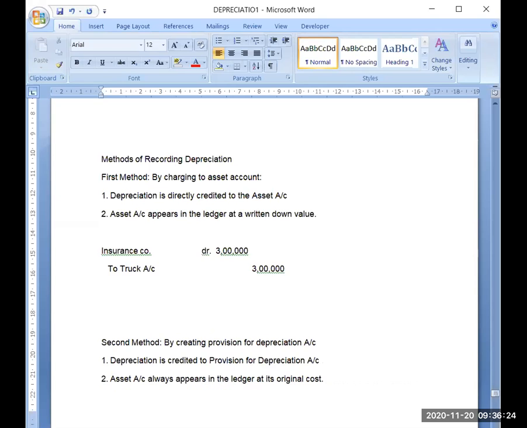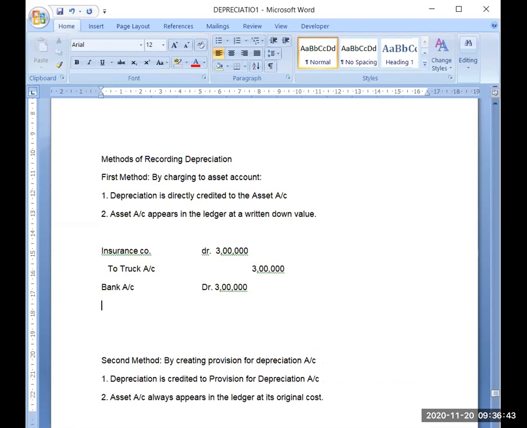Now later on, we will receive this money. At that time, we will do the entry: bank account debit 3 lakh to insurance company 3 lakh.